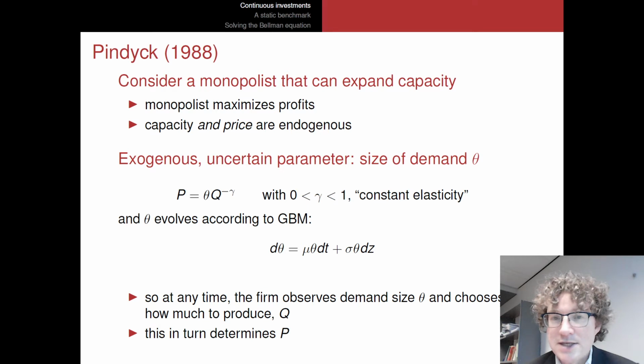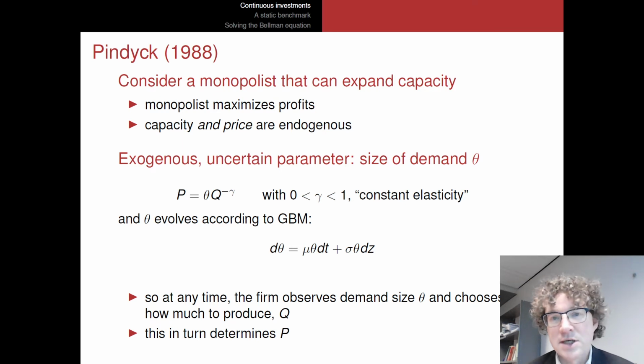And it can also actually expand its capacity to produce. So in this case, both price is endogenous, so it's determined by the choices in terms of the quantity that the monopolist is going to put into the market. And that's a choice by the monopolist, so it's not an exogenous thing. Price is not exogenous, it's determined by the monopolist itself.